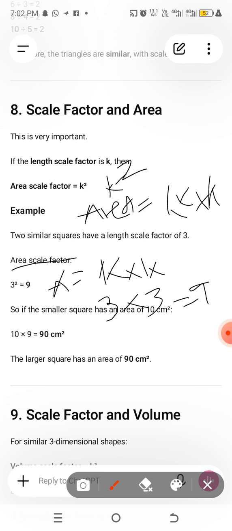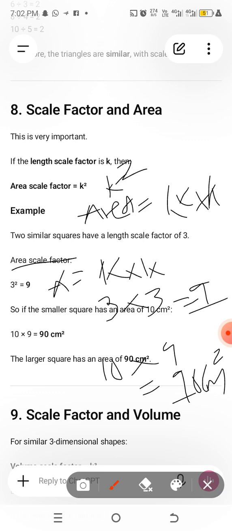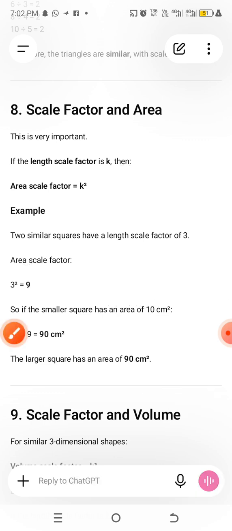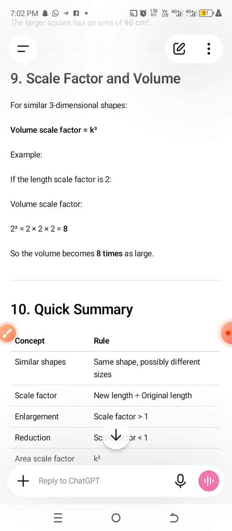So if the smaller square has an area of 10 centimeter square, we multiply 10 by 9, which gives 90 centimeter square. Are you getting me? If you are, that is so good.